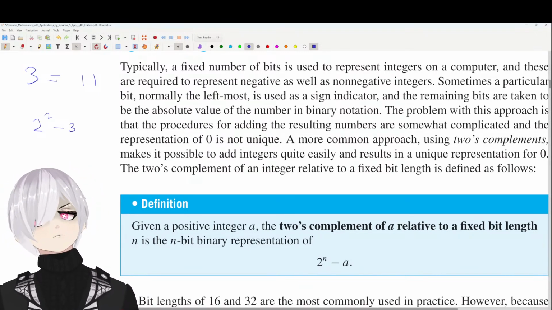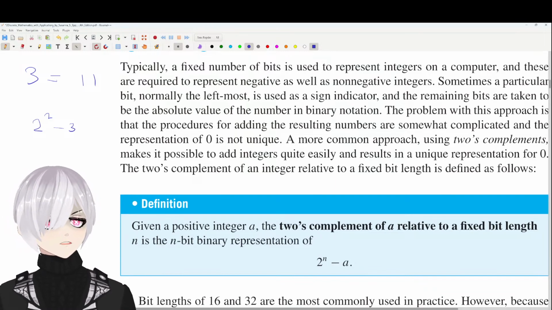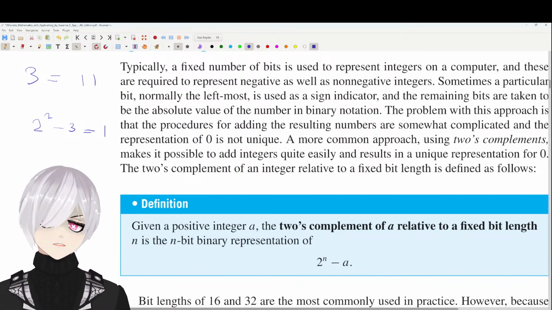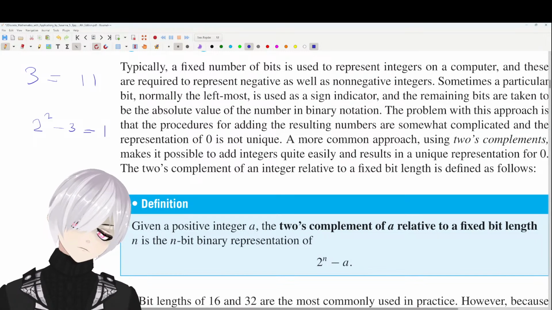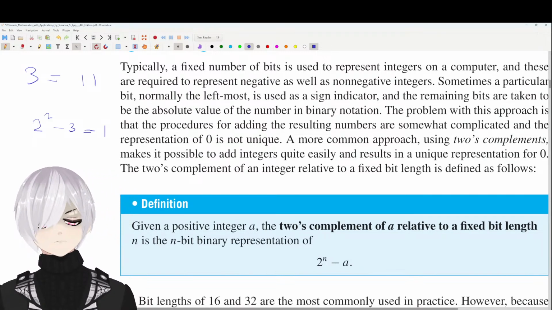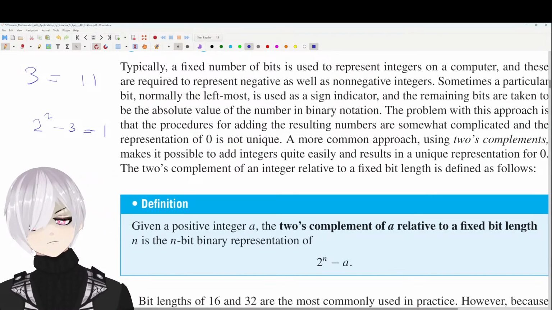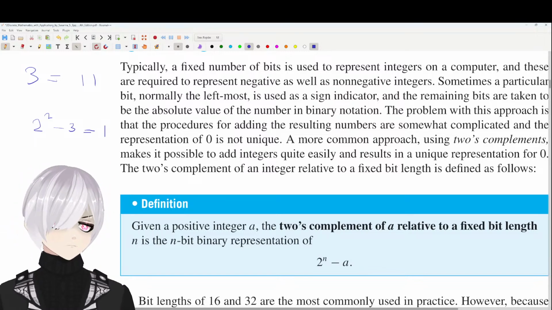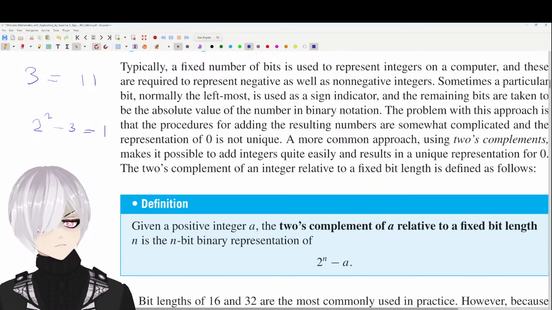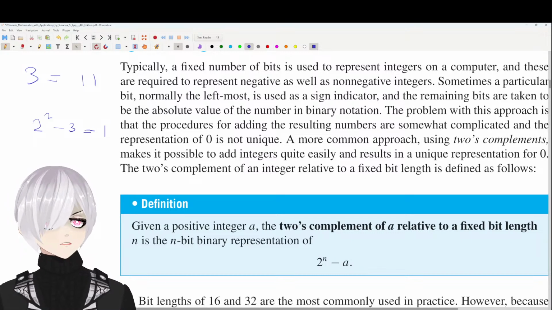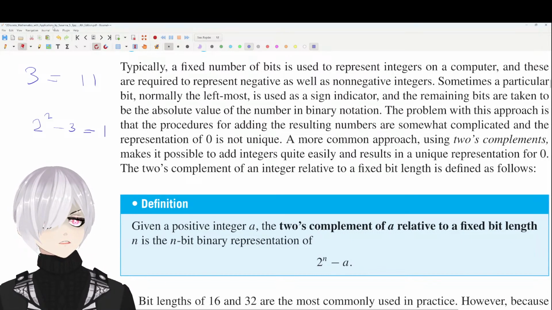What is the two's complement supposed to represent? I guess it's representing the number. For example, if the bit length was 4, then instead of the representation of 2, you would represent 2 as 2 to the fourth minus 1, which would be 15.